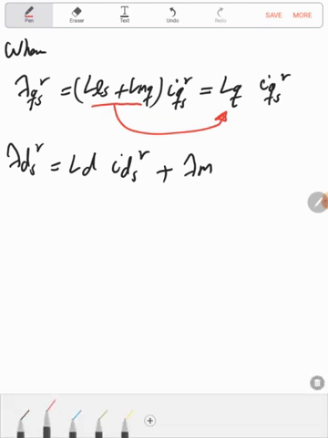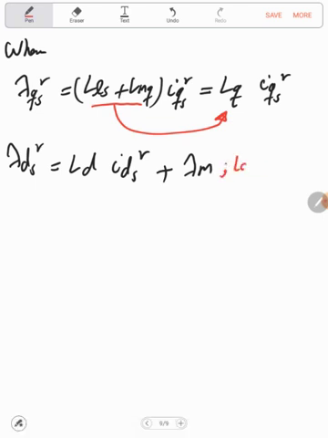Here the same, LD will equal LS plus LMD. And finally, lambda 0SR will equal LLS I0S.